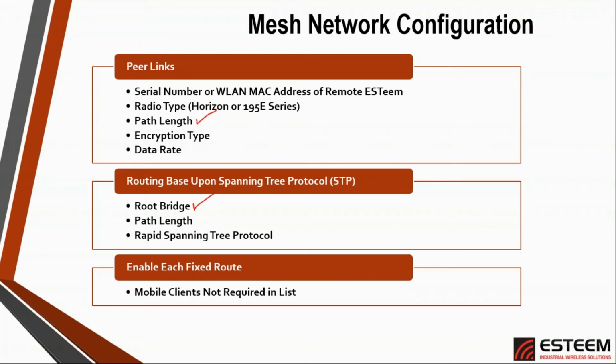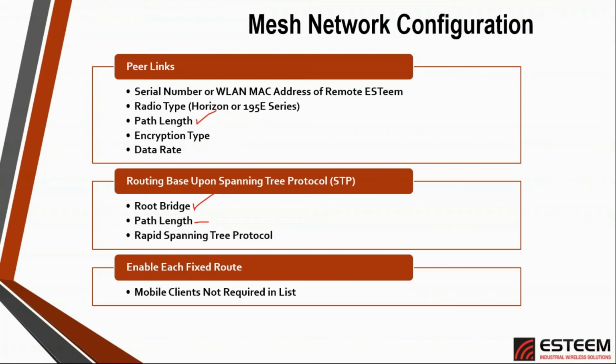In a wireless network, it becomes incredibly important because we want to tell the system this is the base reference point. All paths within a spanning tree protocol point back to the shortest way to get back to what's listed as the root bridge.